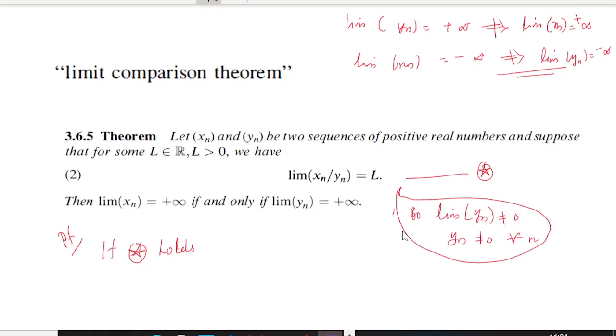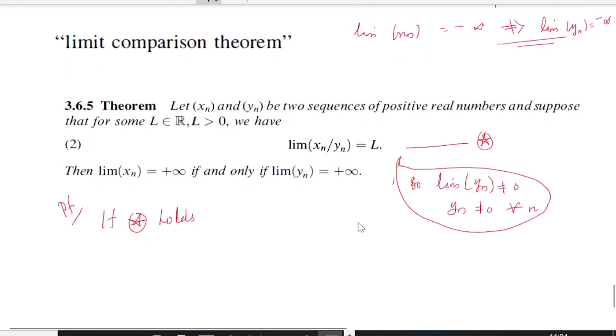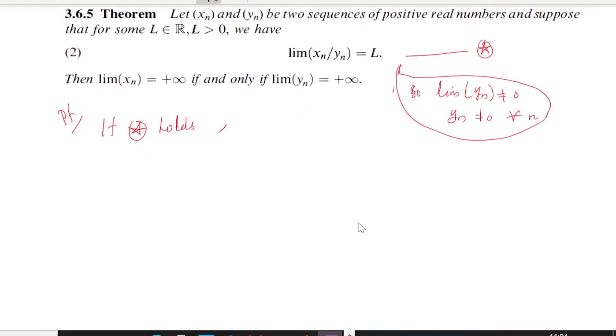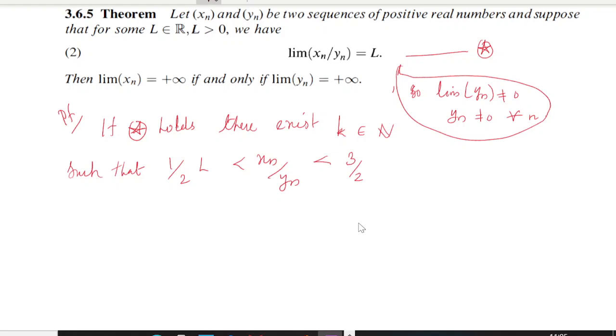So if star holds, there exists some k belonging to N such that 1 by 2 into L is less than xn by yn, which is less than 3 by 2 into L.